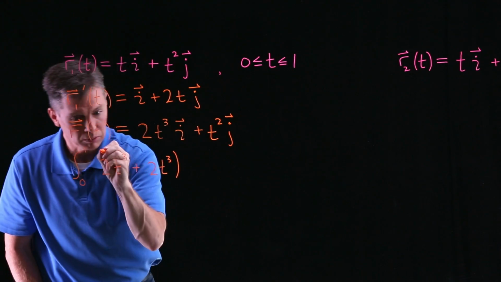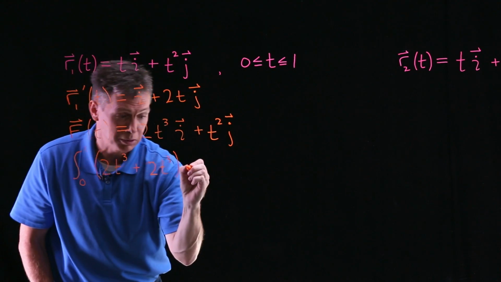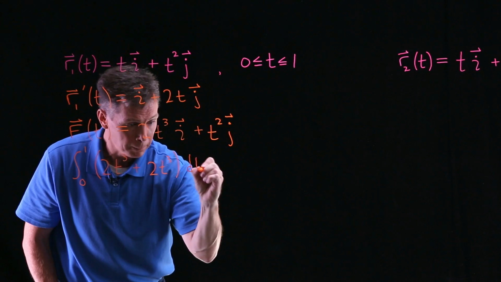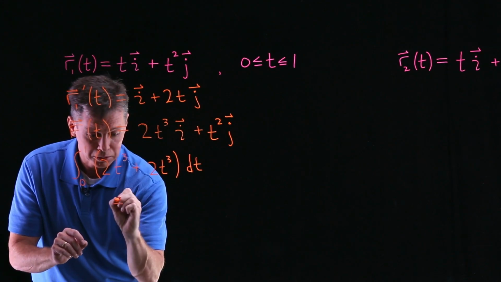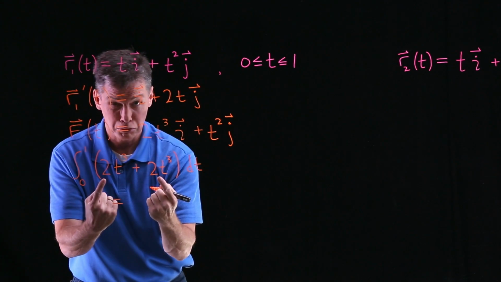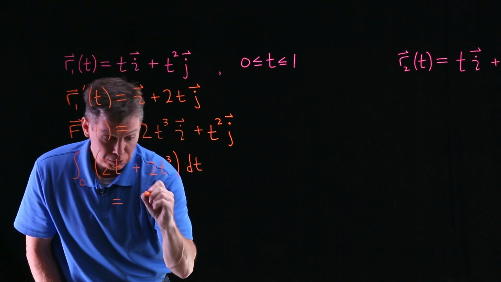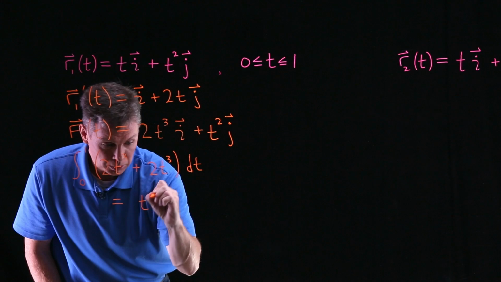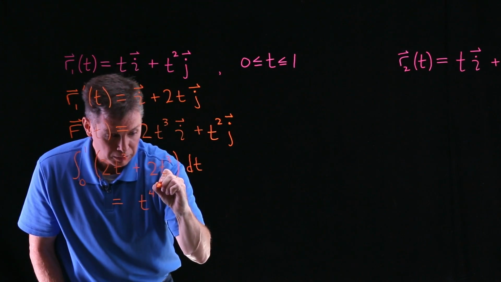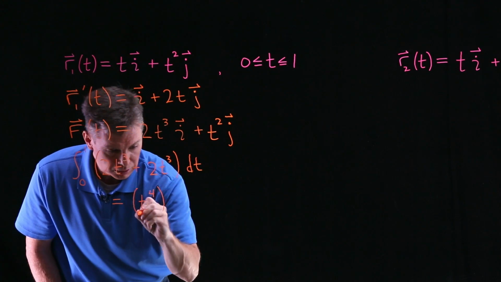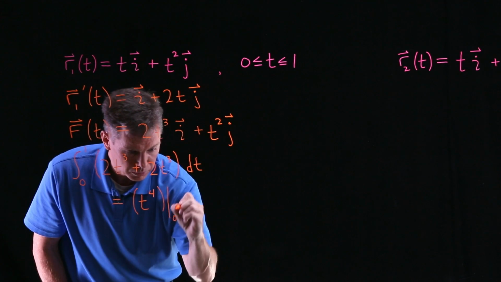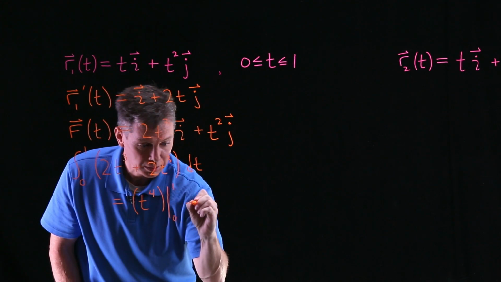And we integrate that with respect to time, or t, the parameter. So let's do this because it's going to be convenient for us. 4t cubed, that bumps up to t to the 4th, divide by 4, so the 4's are going to cross out. So you're just looking at t to the 4th from 0 to 1, right?